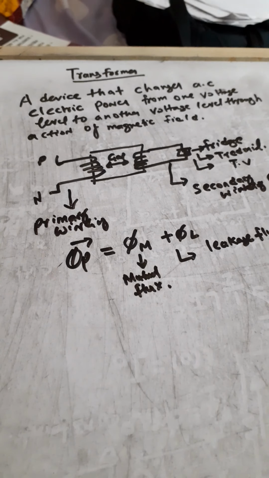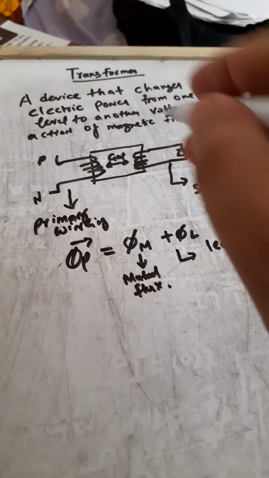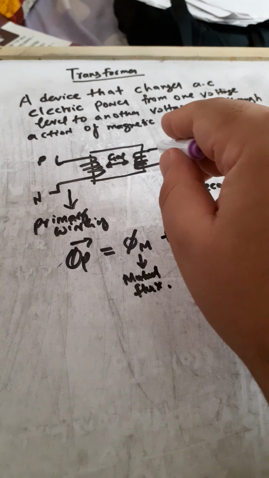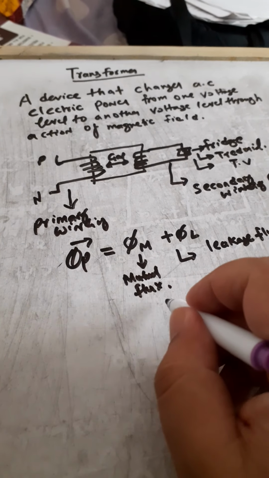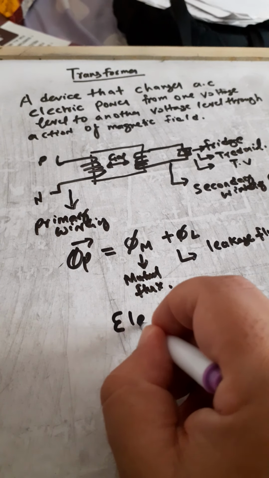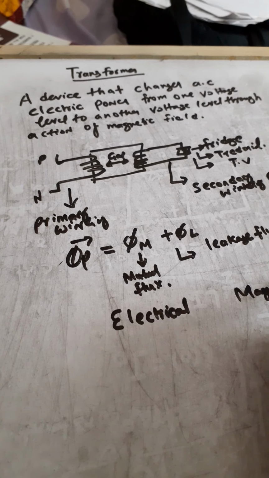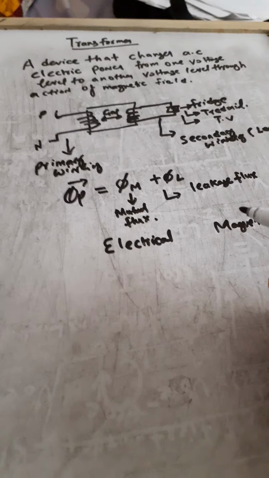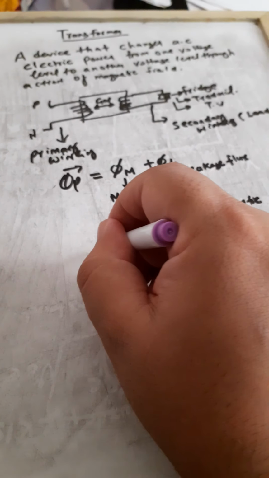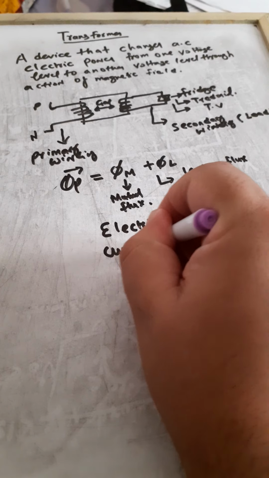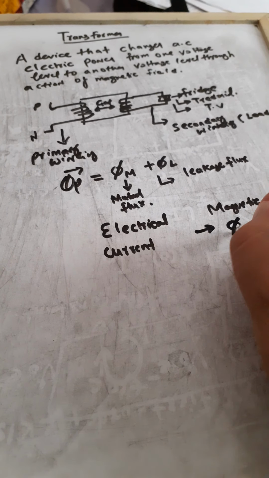Why the transformer is called a constant flux machine is, see, whenever we are giving a supply to the transformer, some kind of flux, mutual flux, is getting established, and we are obviously connecting a load. Because of the load, you have to remember electrical and magnetic terminologies. This is my electrical terminology, this is my magnetic terminology. Again I'll repeat, in my electrical terminology I write current, and the equivalent of current in magnetic terminology is flux.